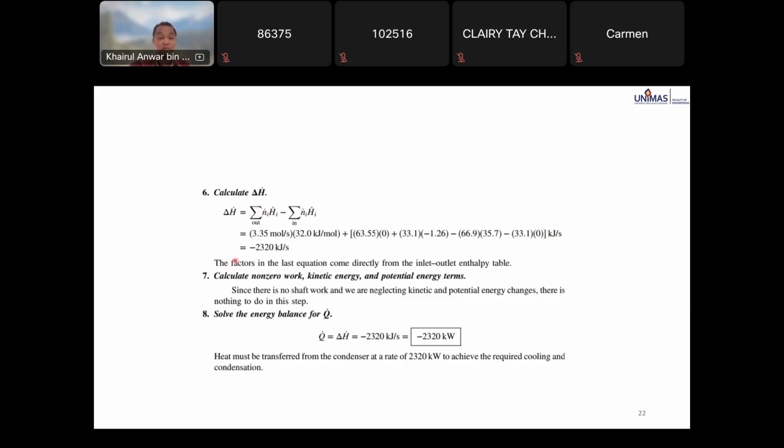And you get negative 2320 kilojoule per second. Calculate the non-zero work, kinetic energy, potential energy, which is negligible, then solve for Q. So Q equal to delta H equal to negative 2320 kilowatts.